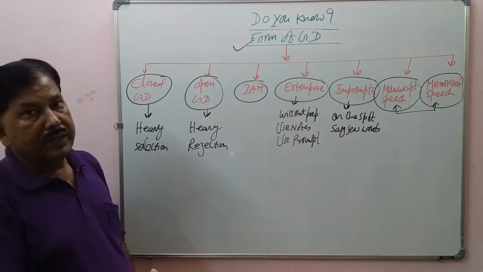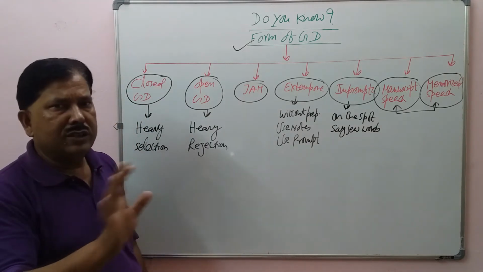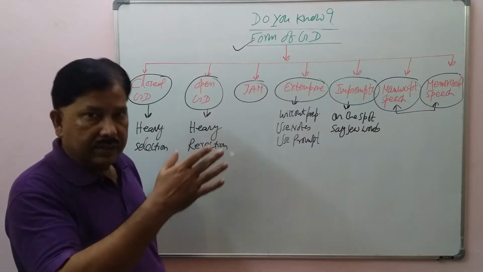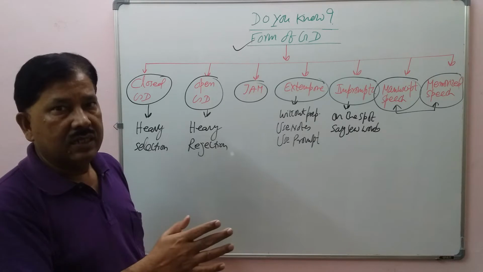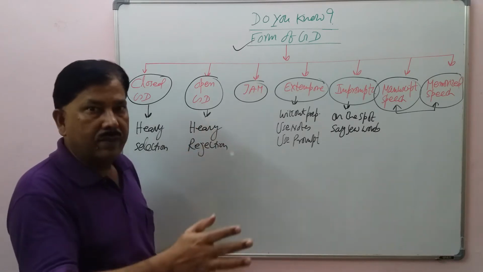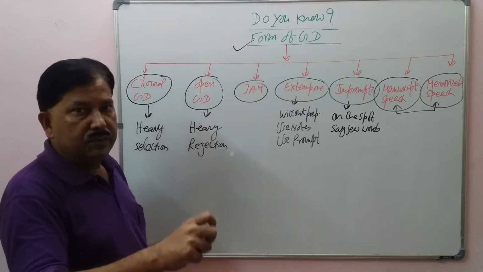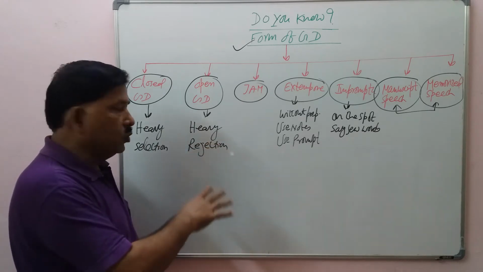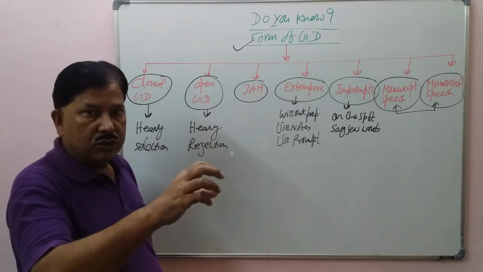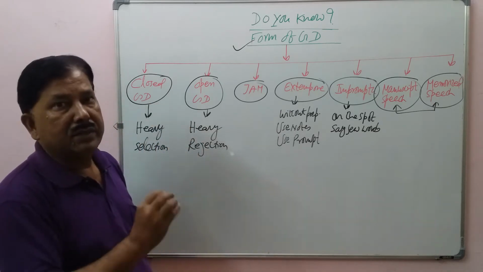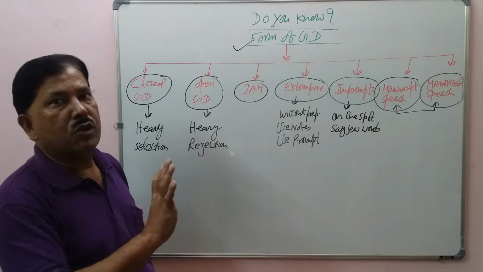If the number of candidates is more, then it will be not more than 10 minutes. But if the number of candidates appearing for the group discussion is less, then the time limit will be more. Always remember. The topic will be given by them, and you are supposed to pick. It means your moderator, leader, whomsoever you choose, will choose the topic, and you are supposed to discuss for 10 minutes minimum, maximum 20 minutes, not more than that.